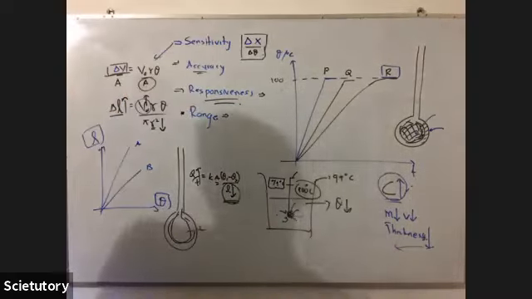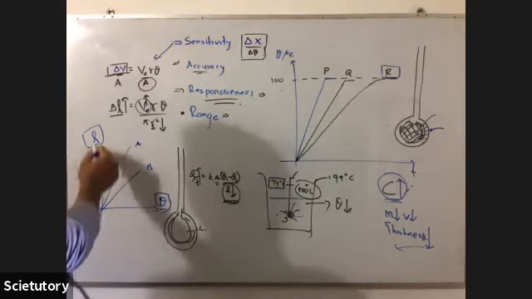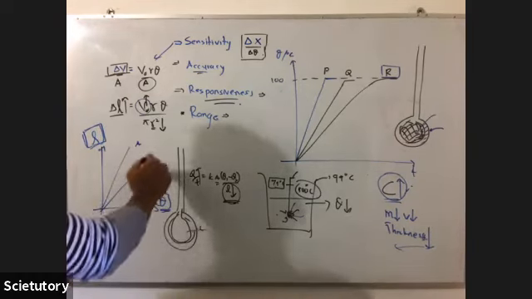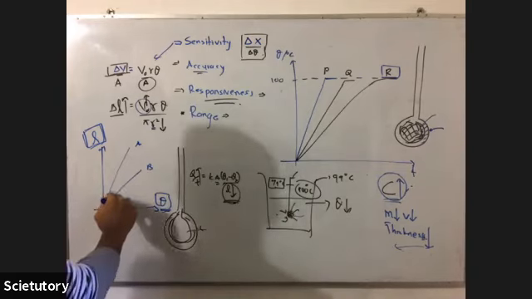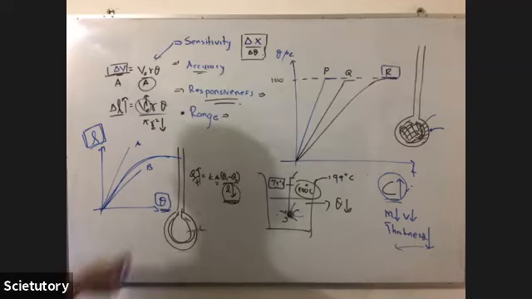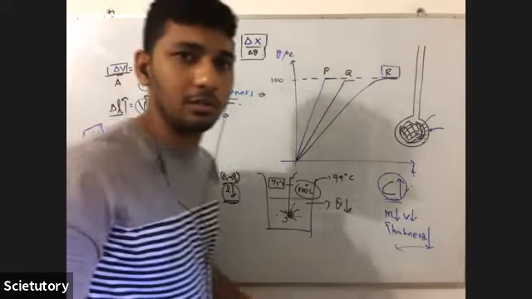So for these two, for example, I have drawn the graphs for length against temperature. If it is linear, the calibration will be linear. If it is curved, not linear, the scale will not be linear.